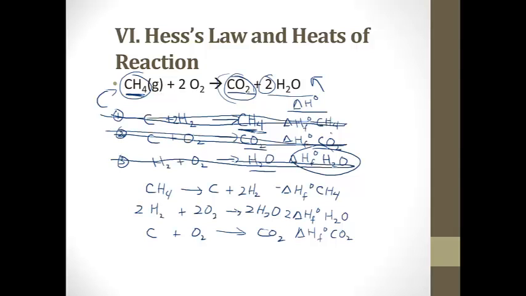Okay, now, what happens if I add everything up? Okay, well, take a look. CH4 on the left side, no CH4 on the right side. Okay, those are the heats. I have a carbon on the right, I have a carbon on the left. I got 2 hydrogens on the right, 2 hydrogens on the left. Whoops, this got messed up.